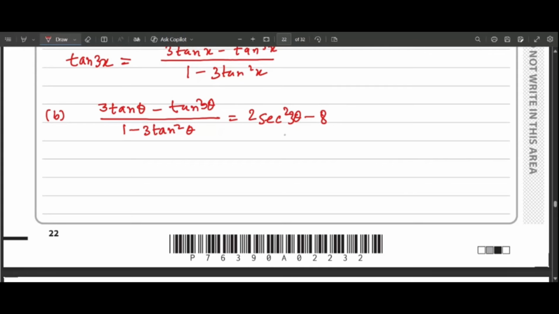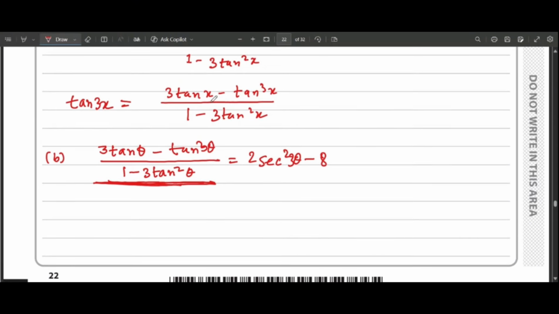This is the expression we are given in the question. We can see here the expression on the left side of our equation is exactly the same as the answer we derived in part A.